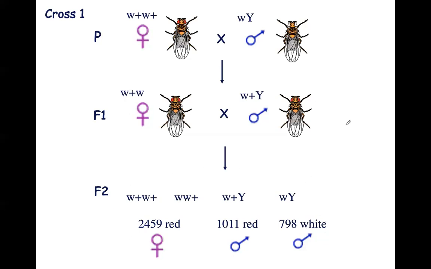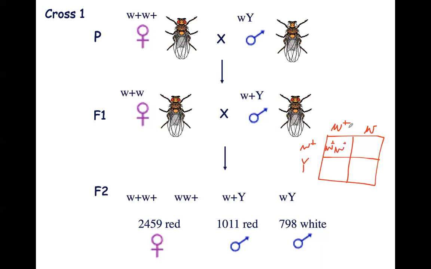The Punnett squares still work. So if you do W plus, there's the female, and then you do the Punnett square, W plus Y, then everything works the same as before. W plus, W plus.